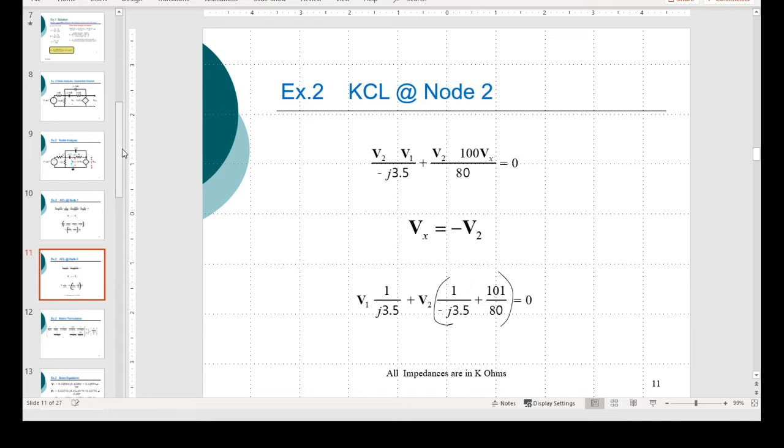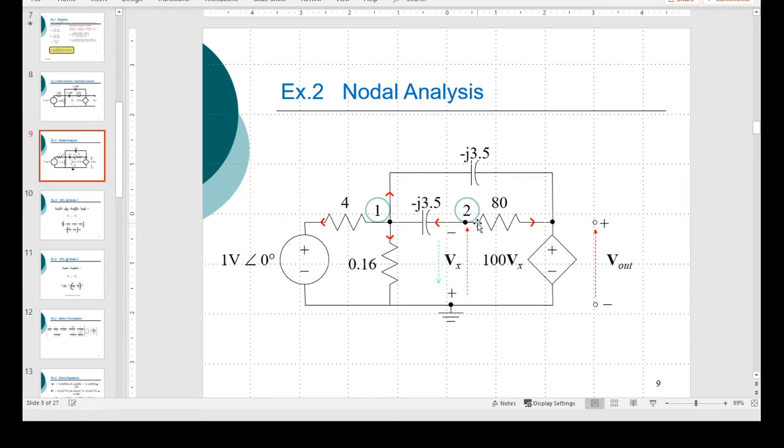Node 2, if I may go back to the circuit, you see at node 2 we have got two currents and they are flowing away from the node. So if we have V2 minus V1 divided by this, plus V2 minus 100 Vx divided by 80, add those two, you should have 0.